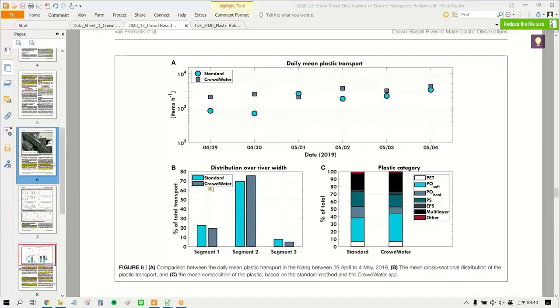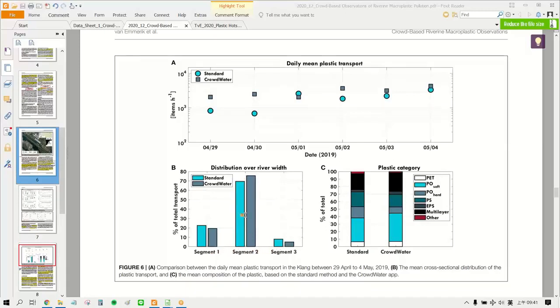And the figure 6b is the distribution over the river width. Because this river is quite wide, about 100 meter. So they separate at each segment will be around 35 meters.